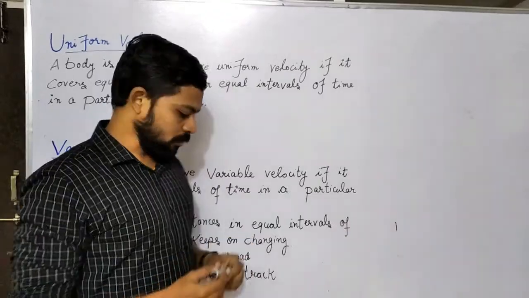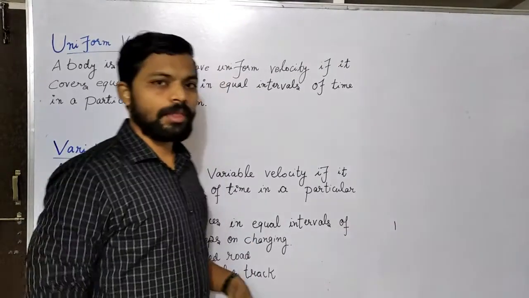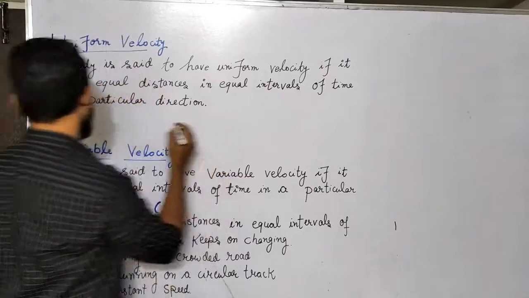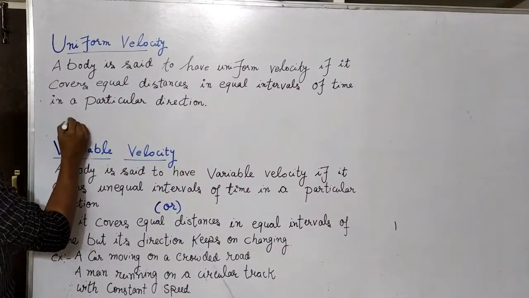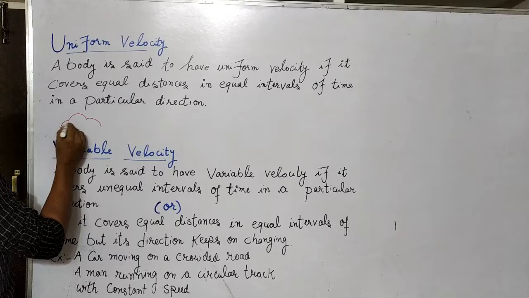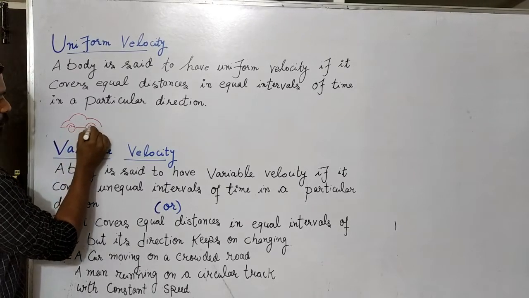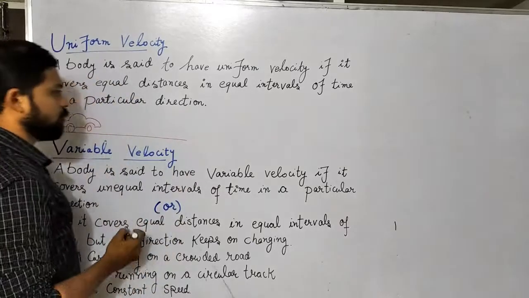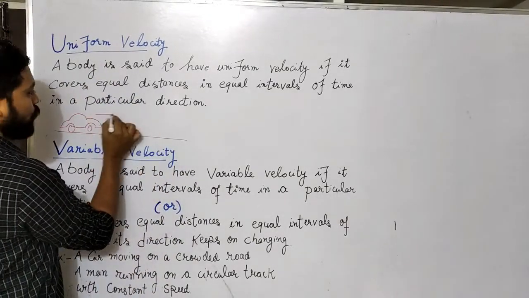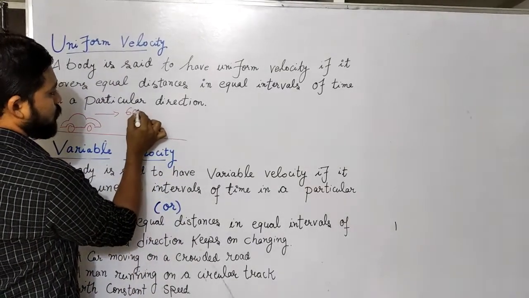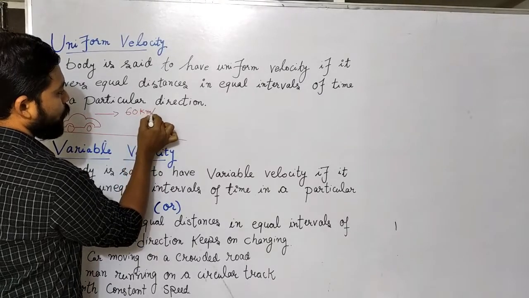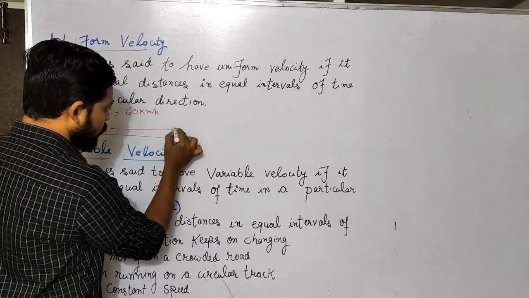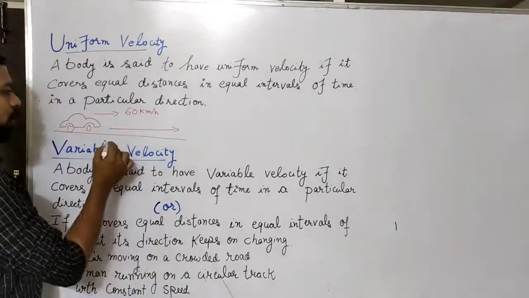Let us say a car is traveling on a road. Let us say this is the car. It is traveling on the road at a speed of 60 km per hour. This is a straight road. The car is traveling on a straight road.